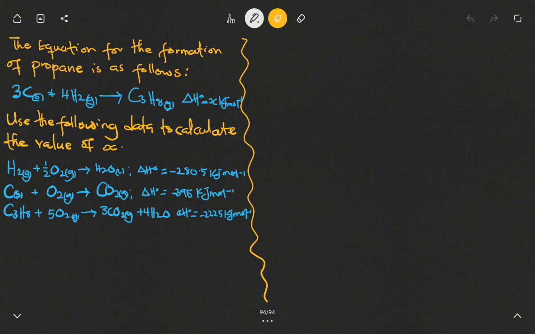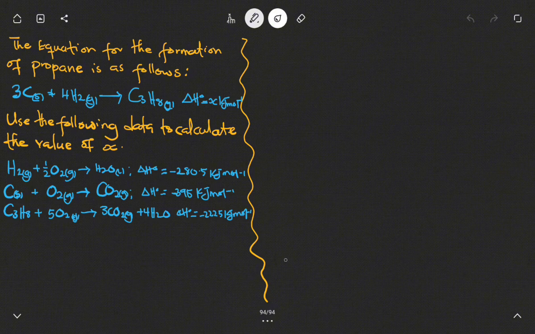Now you are given the following data to calculate the value of X. So we have 3 equations and we need to do something about it to get the enthalpy change involved in the formation of propane gas. We are at liberty to use the laws to manipulate this information that we are given to be able to determine the enthalpy change, which is X. So what do we have to do?